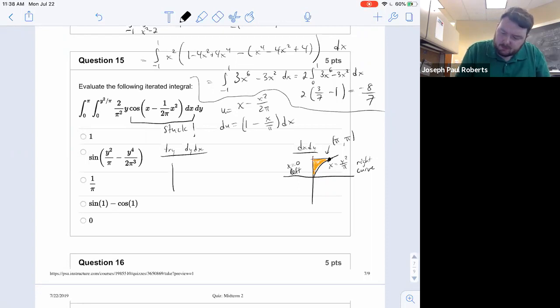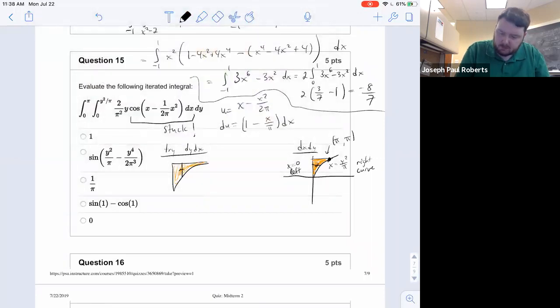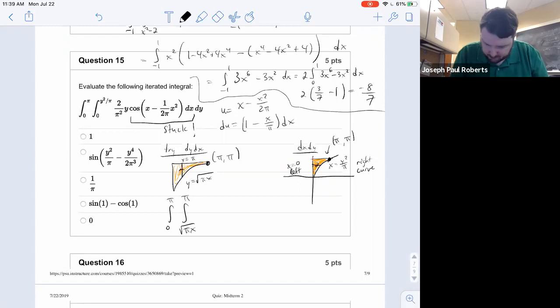So that means when we go to do it dy dx, our bottom curve is, well, we have to solve for y, so y is the square root of pi times x, and then y equals pi is the top. So it would be 0 to pi, square root of pi x to pi, and then 2 over pi squared y cosine of x minus x squared over 2 pi dy dx.